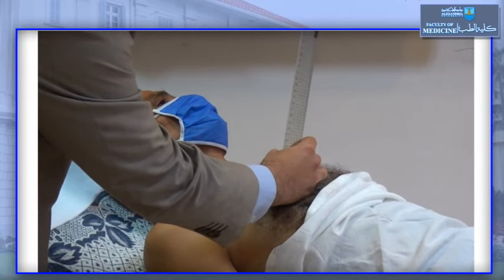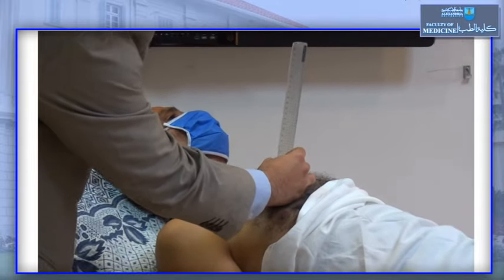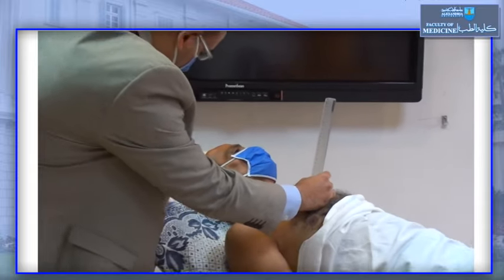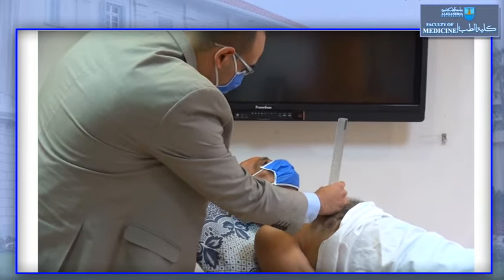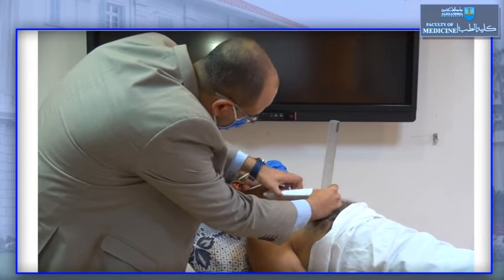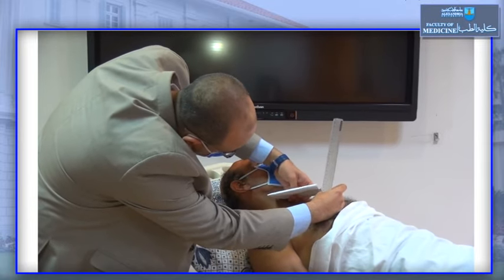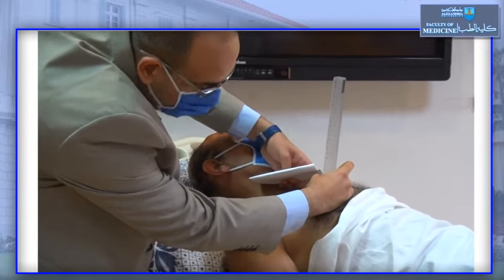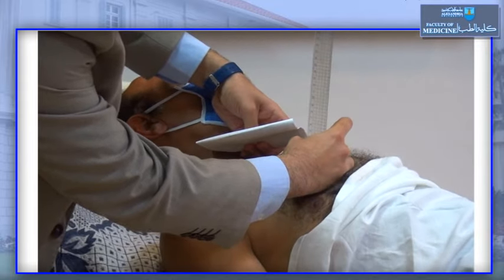And then we use a paper from the upper level of the neck veins, here, to the ruler. It is 3 centimeters above the sternal angle. So the level of congestion is 3 centimeters above the sternal angle.